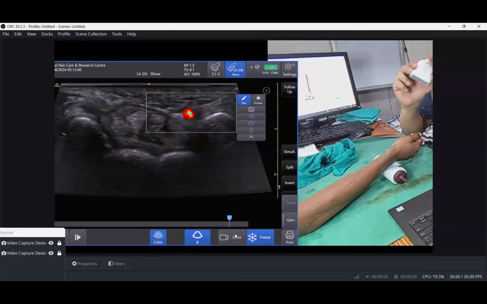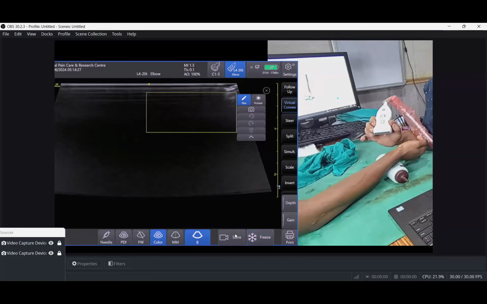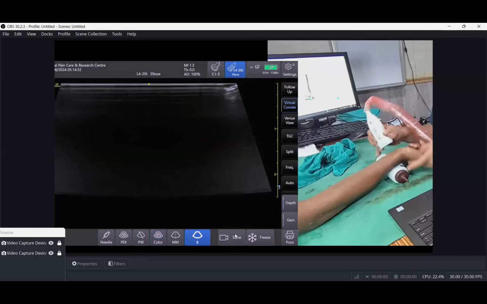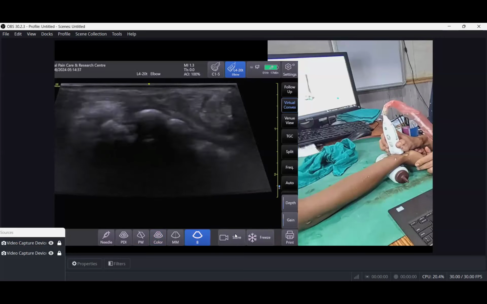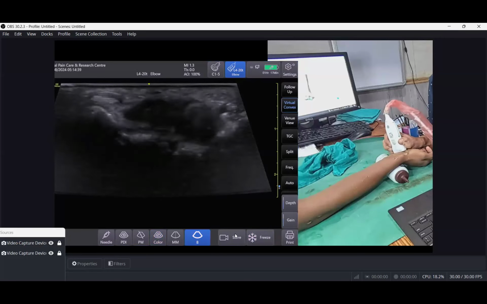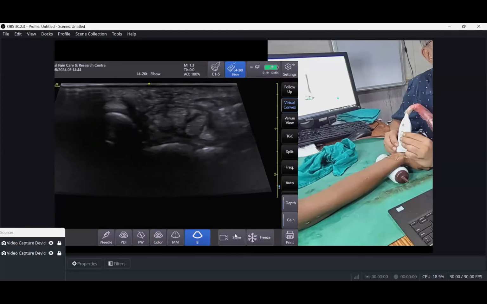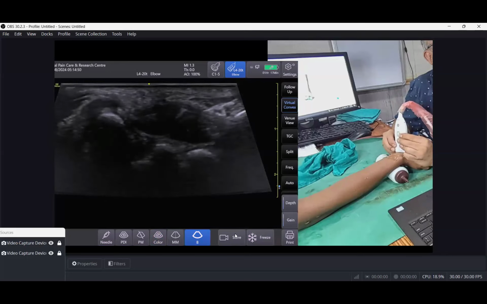So how to identify the nerve versus the tendon? You might get confused about which one is nerve and which ones are tendons. How to differentiate between nerve and tendon? If you see this picture, to identify which is nerve and which is tendon, you have to tilt the probe like this.